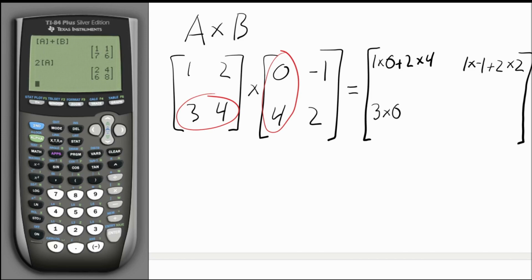And then second element of the row times second element of the column, 4 times 4. And we add those together. Lastly, we'll multiply the second row of A times the second column of B. So that gives us 3 times -1, and then 4 times 2.